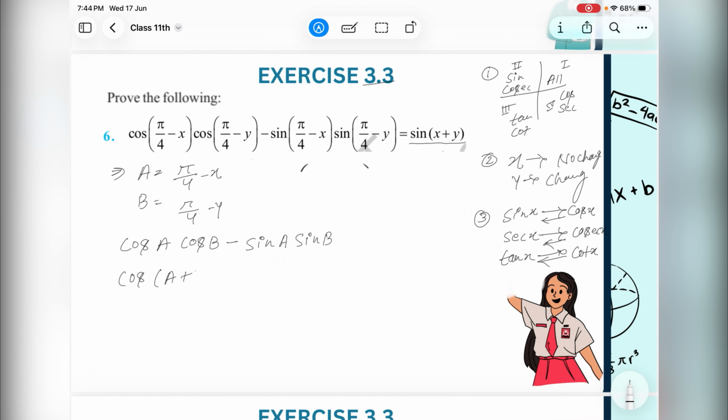But we have to prove it like sin(x plus y). Now we put the values of a and b: cos of pi/4 minus x plus pi/4 minus y.